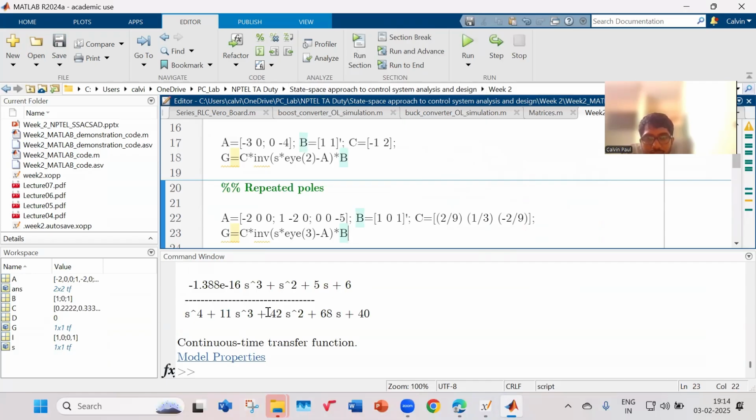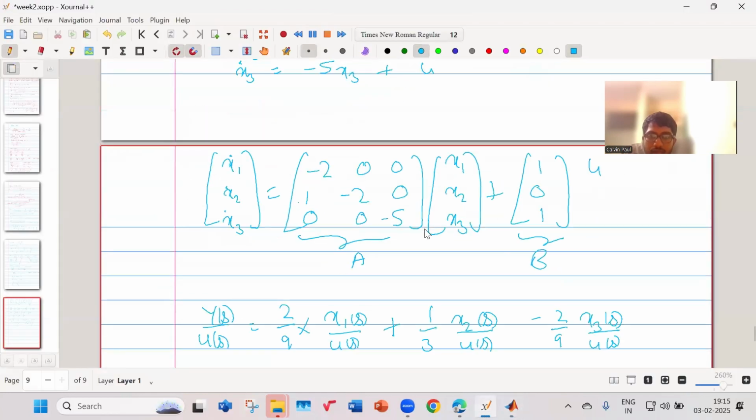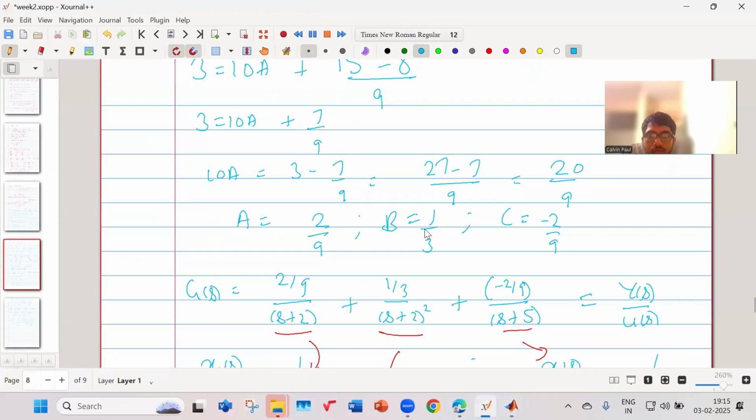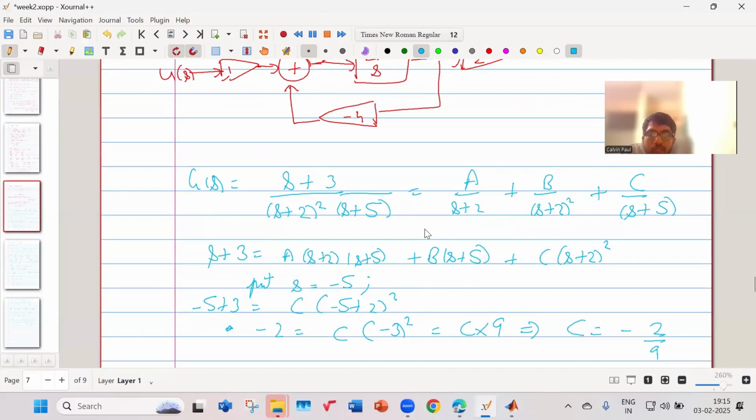So it comes out in this format. Run this section. Okay. So it comes in this format: s plus 3 upon s cube plus 9s square plus 24s plus 20. Right? Which is similar to what we have. So our system is s plus 2 square into s plus 5.